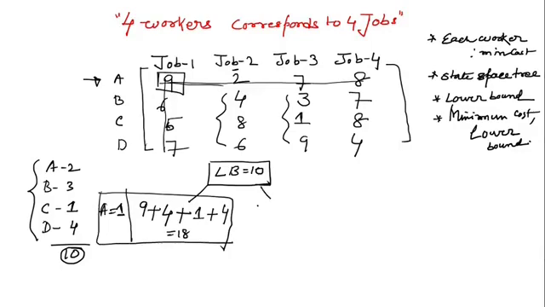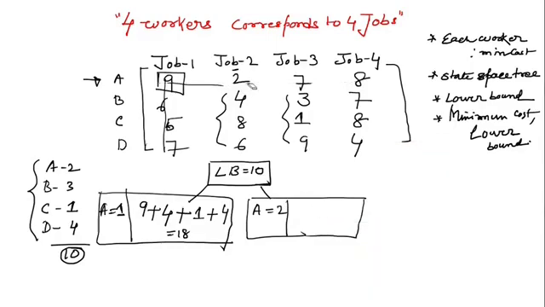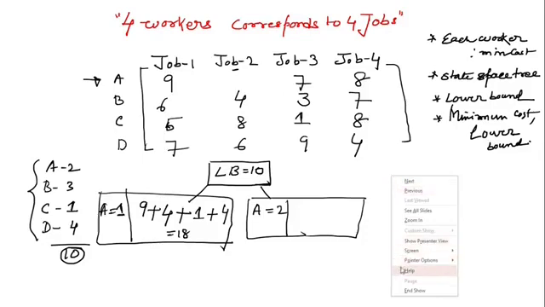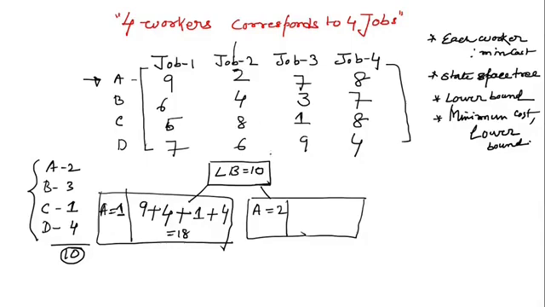If A chooses job 2, then what will happen? Job 2 means immediately 2 will come. Once you choose 2, this row and this whole column will be locked. So A chooses job 2, 2 will be there, and 9 will also be locked.